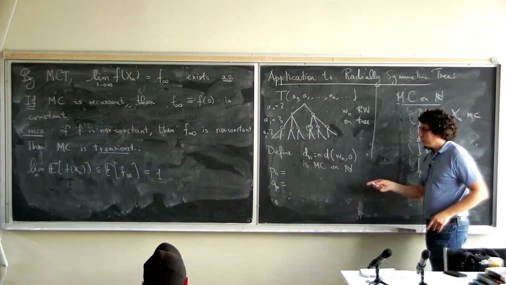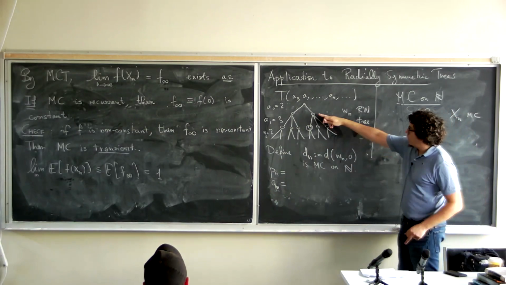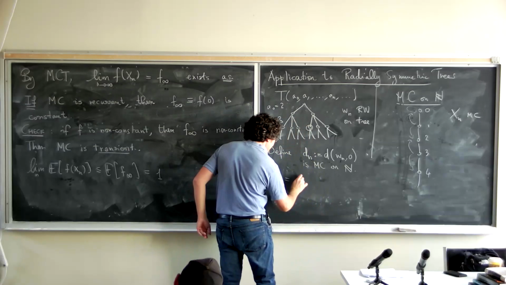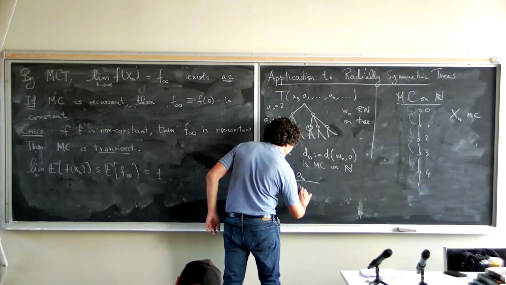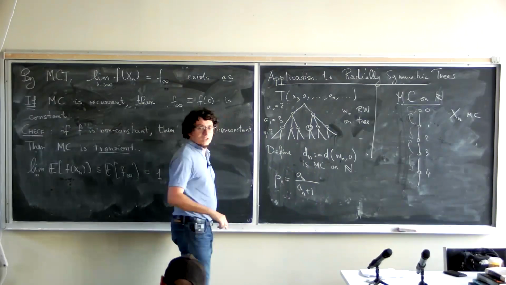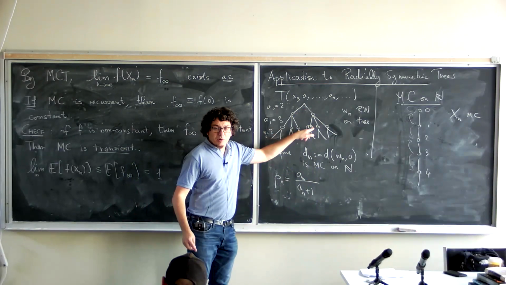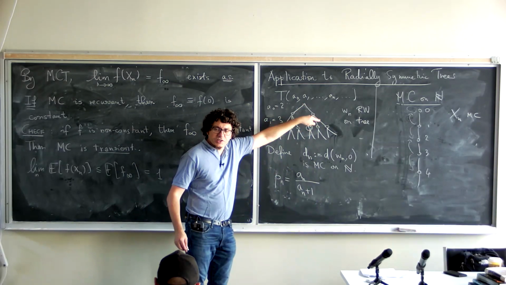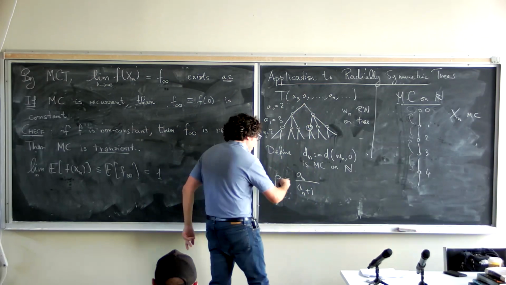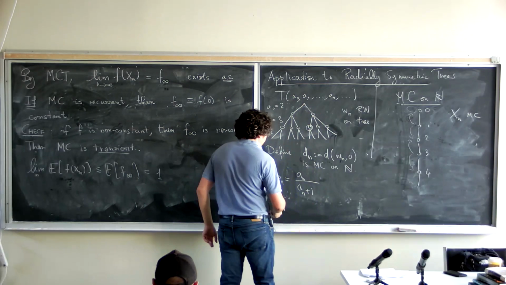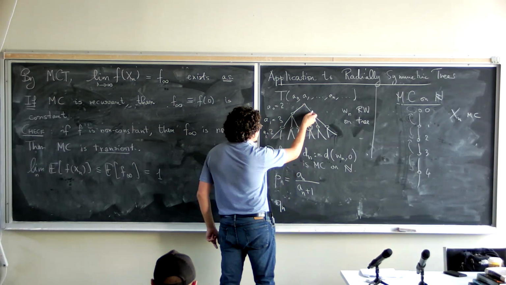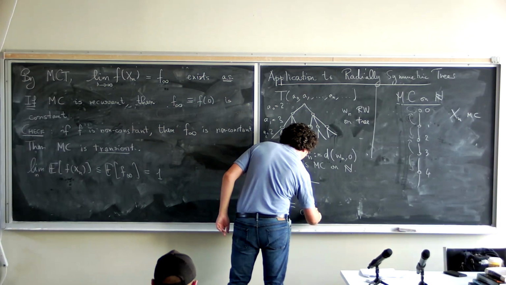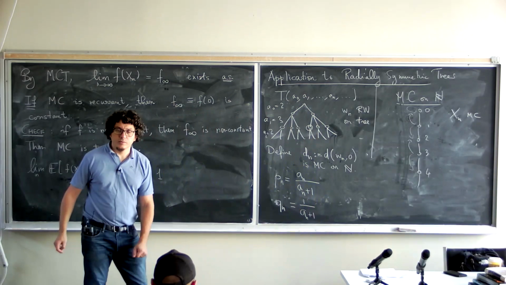So Pn is, I think, An over An plus 1, because in total there are An plus 1 children and the parent. So these are all the possible positions. And then Qn is the remaining one where you're going backwards. So it's 1 over An plus 1.